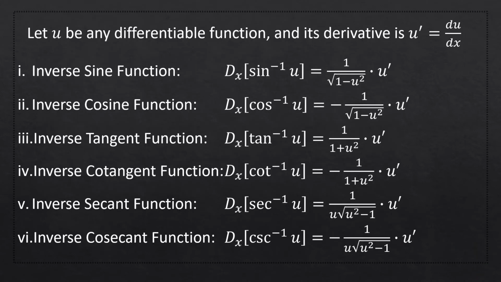Next is, how do we differentiate the inverse trigonometric functions? So we have this formula, but the only thing we need to observe here is this function here. When it is differentiable, we take its derivative and multiply it to the corresponding derivative of inverse sine. That is 1 over square root of 1 minus u squared for sine.